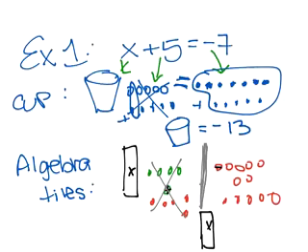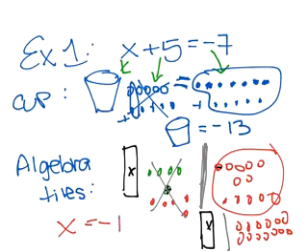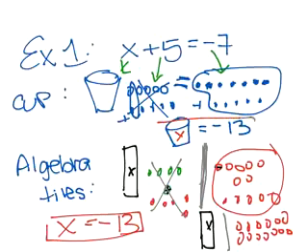So that line means is equal to. And on the other side, if I add all these up, again, I'm left with 1, 2, 3, 4, 5, 6, 7, 8, 9, 10, 11, 12, 13. So basically here, I'm left with x is equal to negative 13, just like I got it with the cup.